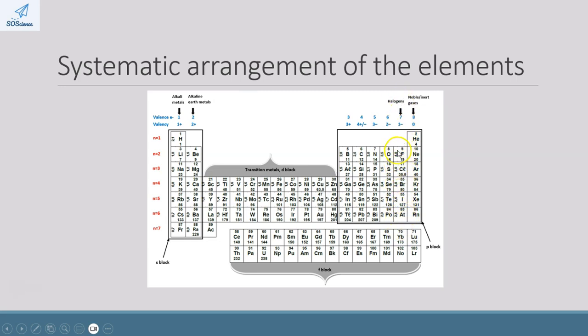Remember that any compound formed with a halogen, so any compound formed with fluorine, chlorine, bromine, iodine, will be called a halide. So for example, sodium chloride, well, because chlorine's a halogen, sodium chloride is a compound that is called a halide.